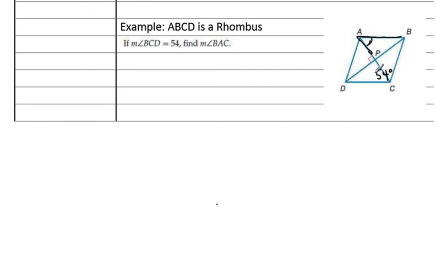Well, in a parallelogram, opposite angles are congruent. So BAD, this is 54 degrees. And in a rhombus, each angle has been bisected by the diagonals. So basically all that's happening is this 54 has been cut in half. So the measure of angle BAC is 27 degrees.